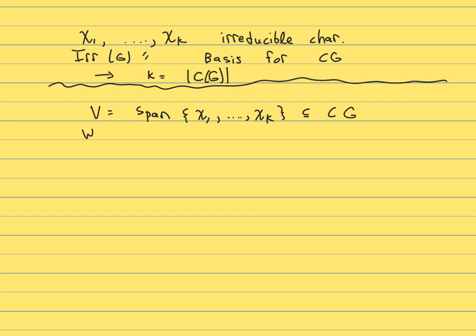And so we can let W be V perp, which, if you remember, would be those class functions f with the property that the inner product of f and alpha is 0 for all alpha in V. This is called the normal complement of V.